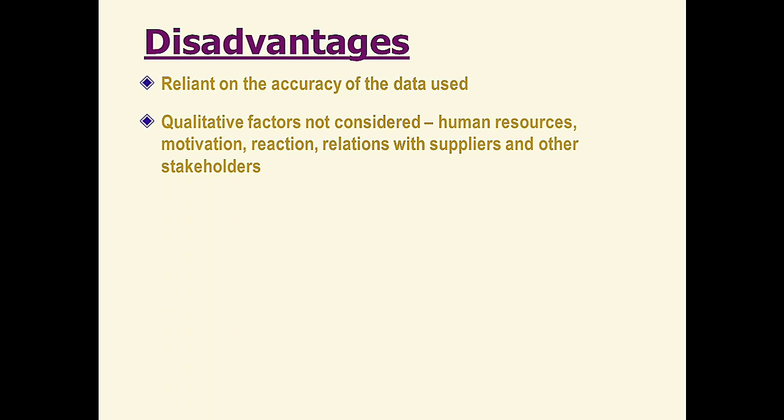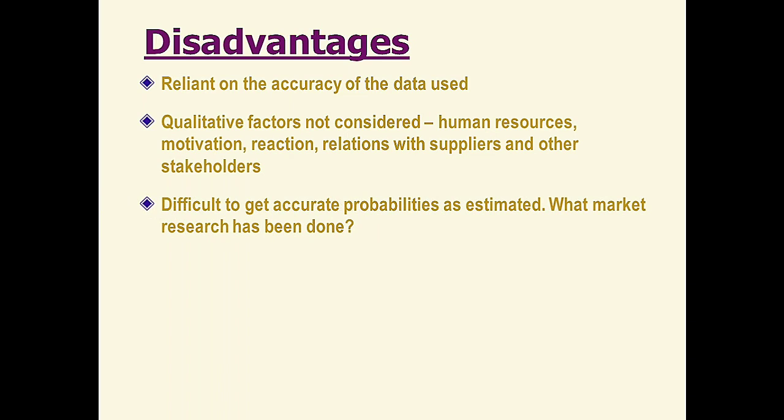Qualitative factors are not considered, such as human resources, skills, motivation level, reactions, relations with suppliers. So the decision tree model is completely ignoring all the qualitative factors. And it is also difficult to get accurate probabilities as estimated.